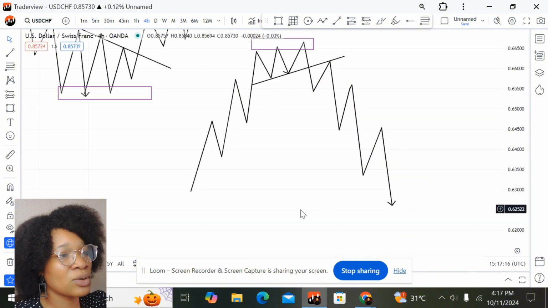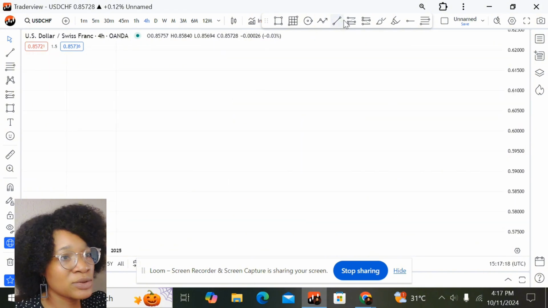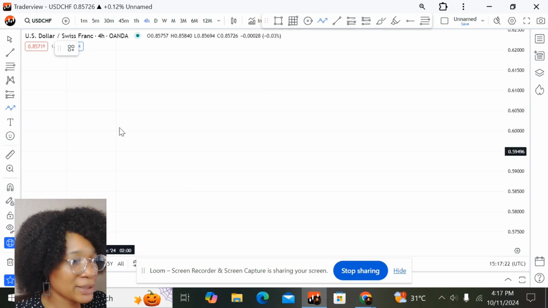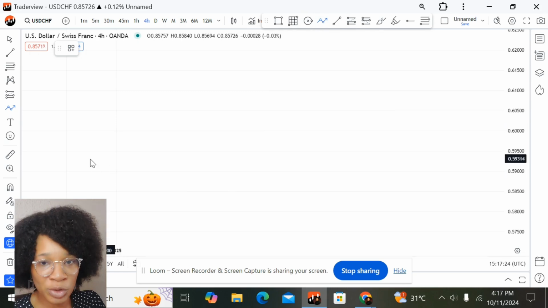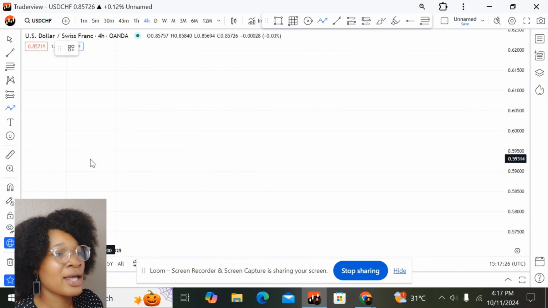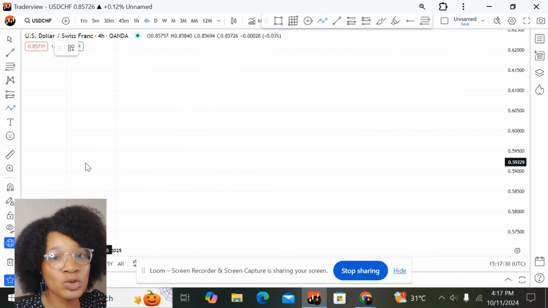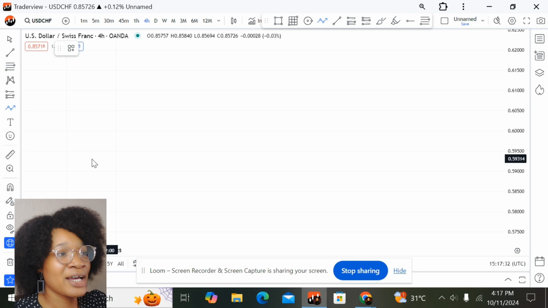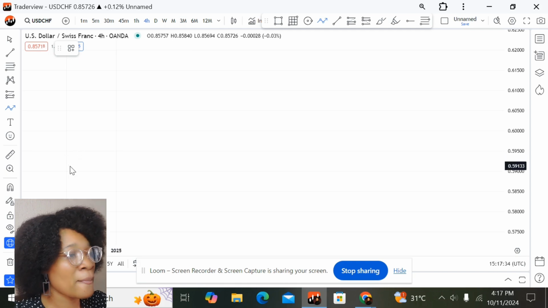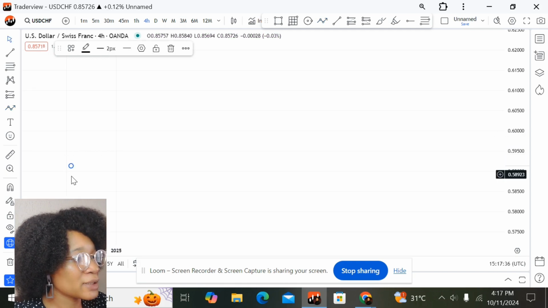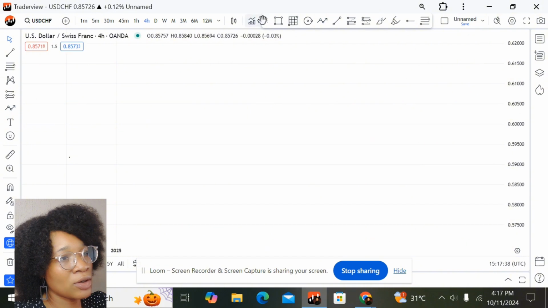So let's look at other ones that we have mentioned, the head and shoulders pattern. Just like your head and your shoulder, the middle swing point usually is the highest. So let's say we have an uptrend.